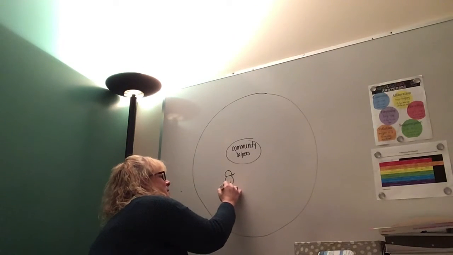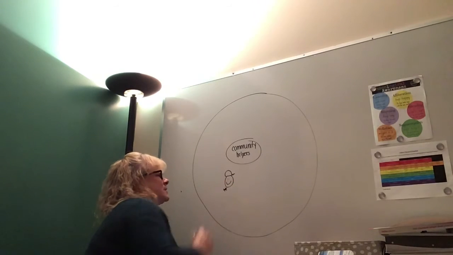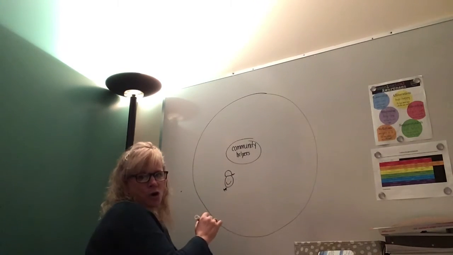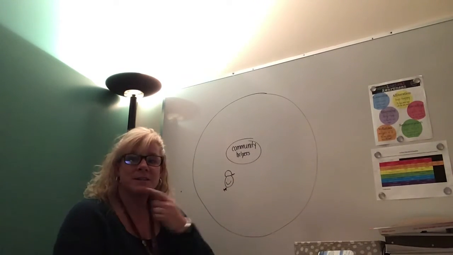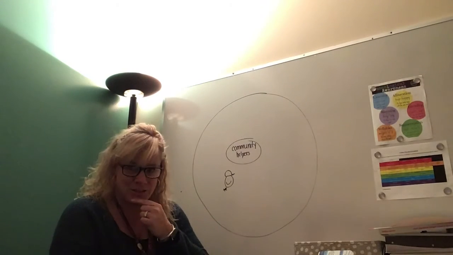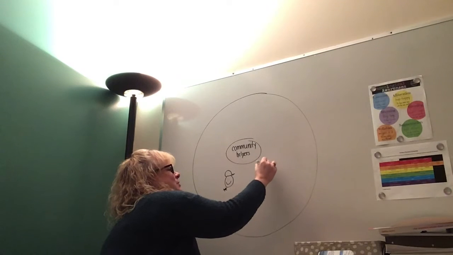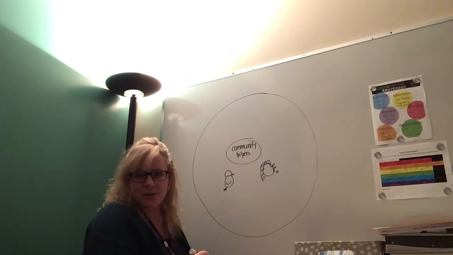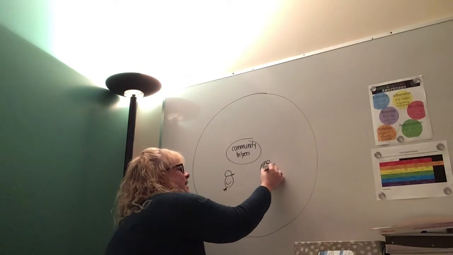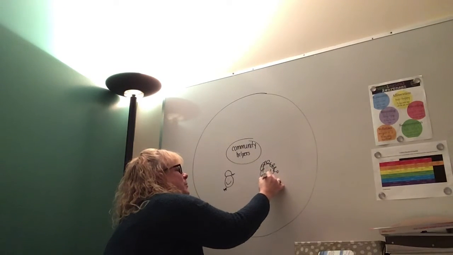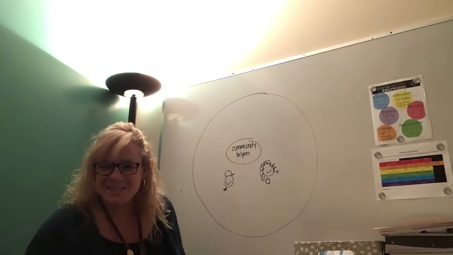So there's my police officer, and there's his badge on him or her. All right, I also read about a teacher. Of course I would remember that one. So here's my teacher, and I'm going to make her look like me with crazy curly hair. And I'm going to put an apple because apples are associated with teachers.